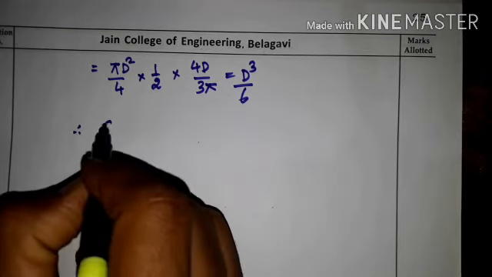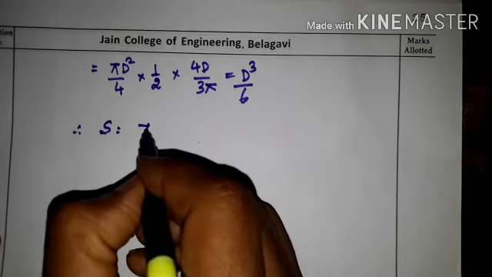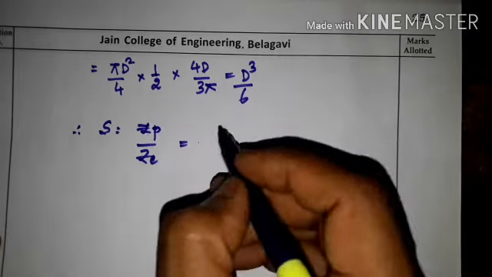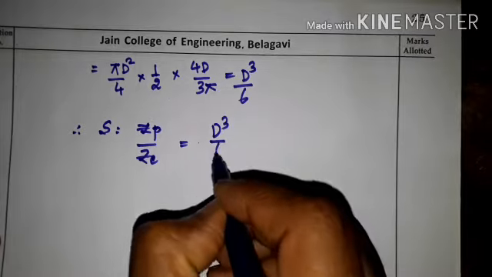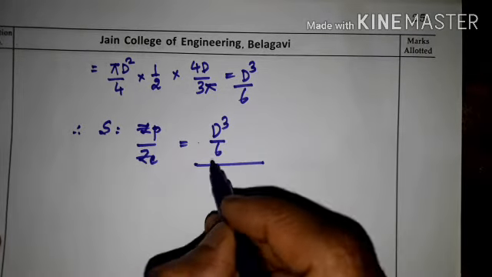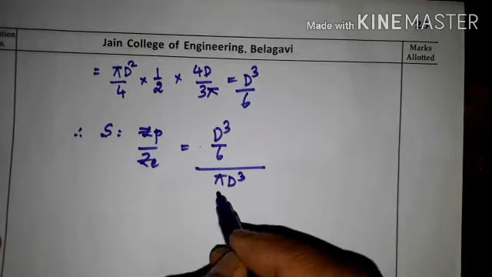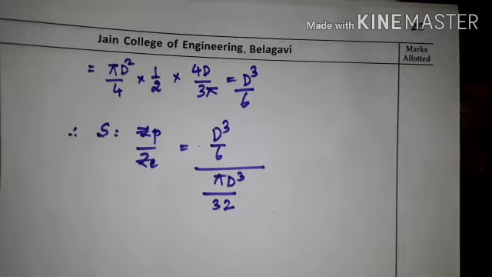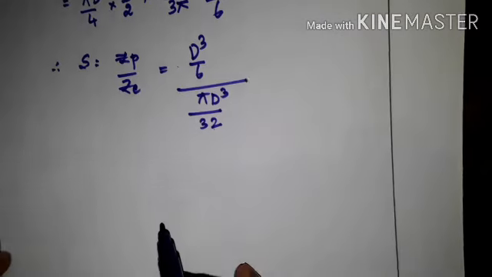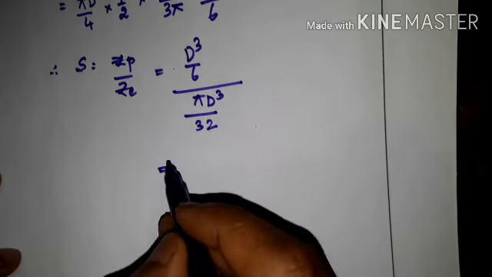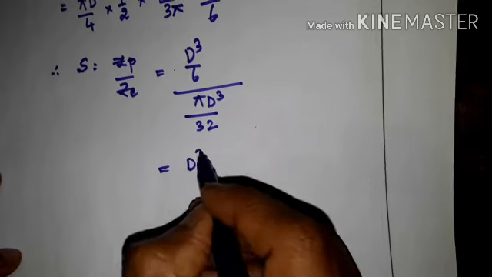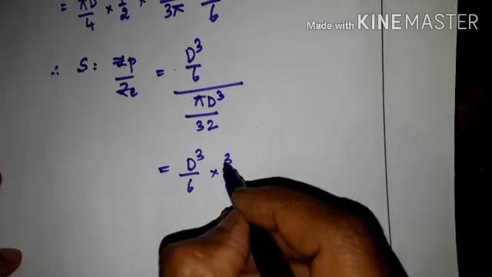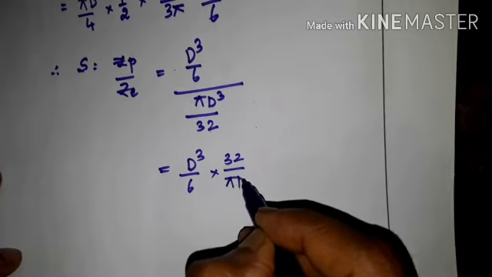Therefore shape factor is ZP by ZE. ZP is d cube by 6 and ZE is pi d cube upon 32. I can simplify here again: d cube by 6 into 32 upon pi d cube.